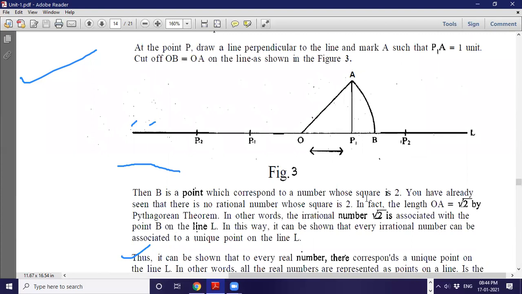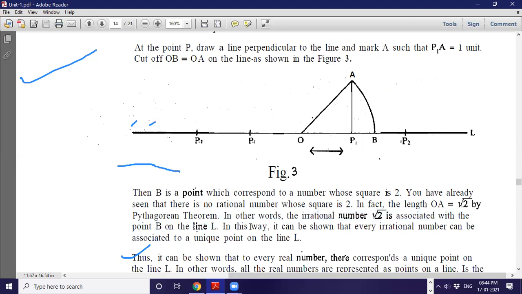Now this B is a point which corresponds to a number whose square is 2. You have already seen that no rational number exists whose square is 2. In fact, the length OA is equal to square root of 2 by Pythagorean theorem. In other words, the irrational number root 2 is associated with the point B on line L.